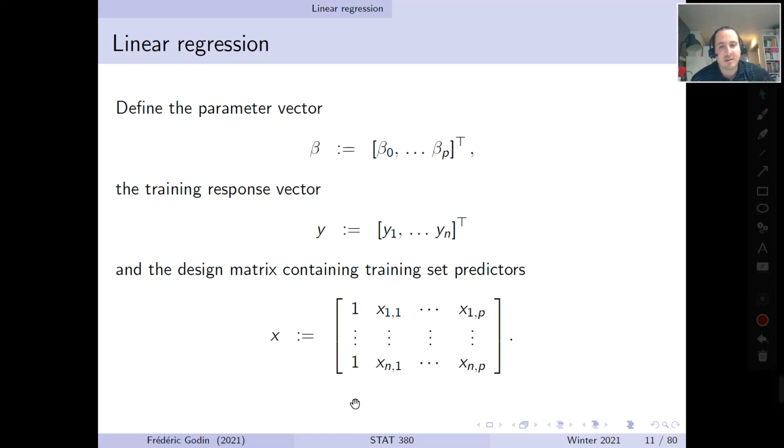Okay, and here this column of 1s, why is it there? So here x1 until xp, these are the p predictors for observation 1, but then we might be wondering why there is that column of 1s here. It's because 1 is the predictor associated with the intercept.